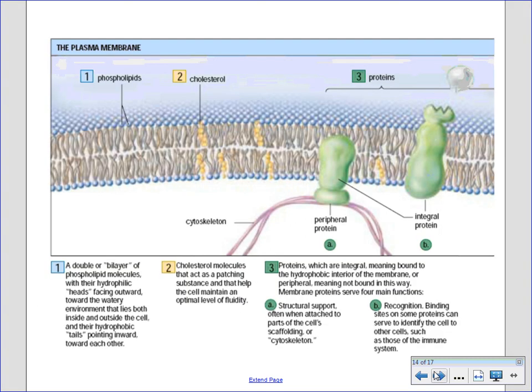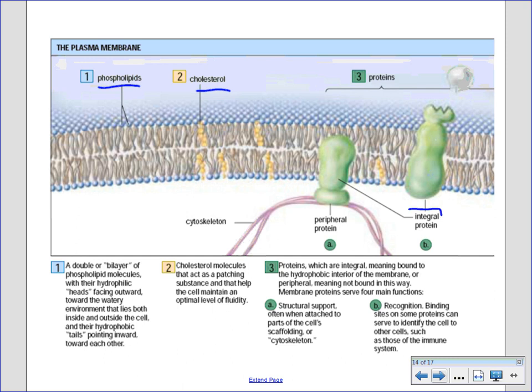So the following diagram just goes through, again, the different components of the cell membrane coming together to make that fluid mosaic model. So you have the phospholipids that form that bilayer, the cholesterol that is found embedded between those phospholipids and will help regulate that fluidity.